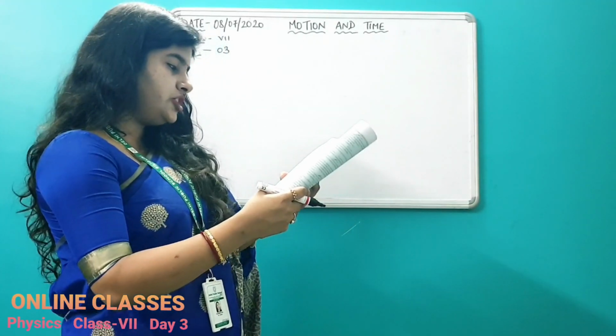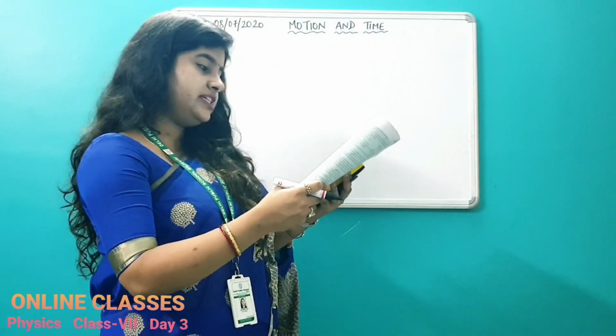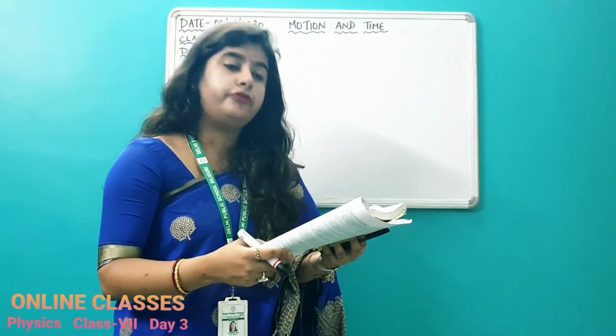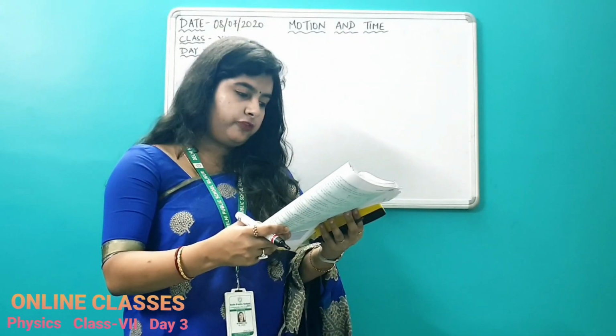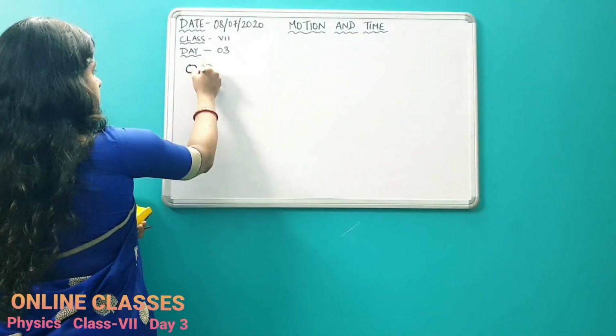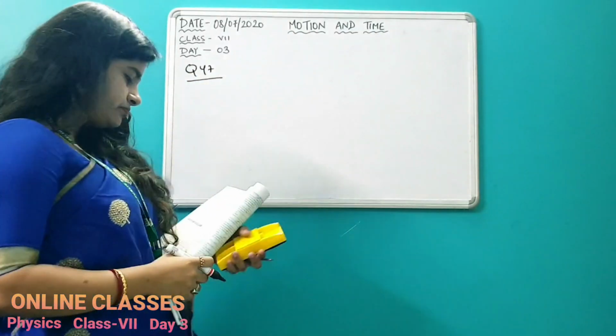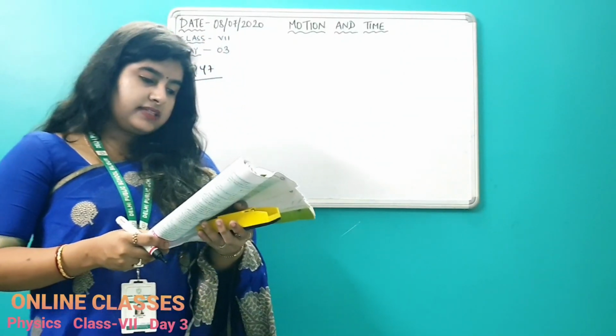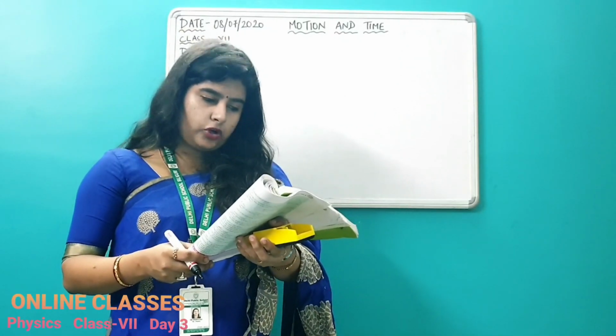Before question 48, let us solve question number 47, page 224. What does this question tell us? The distance travelled by a car at various time intervals are as follows.